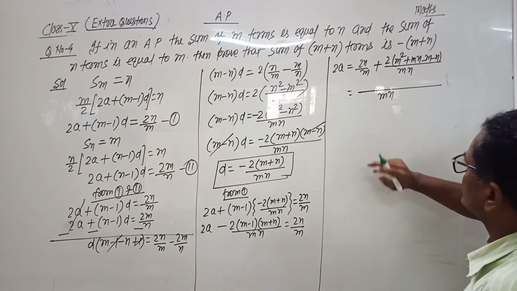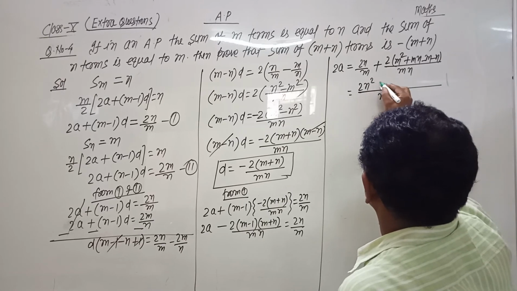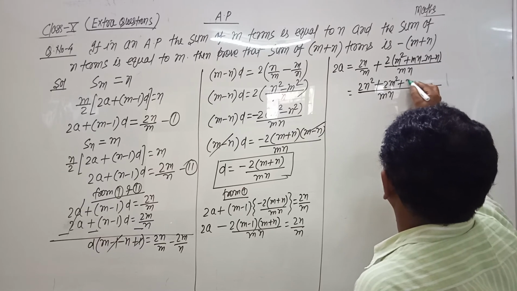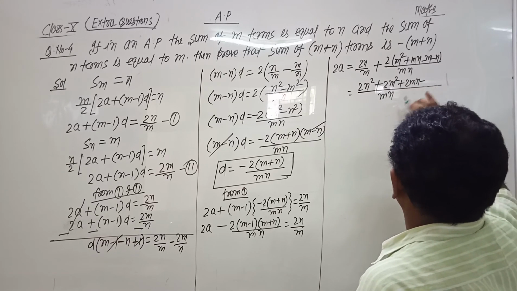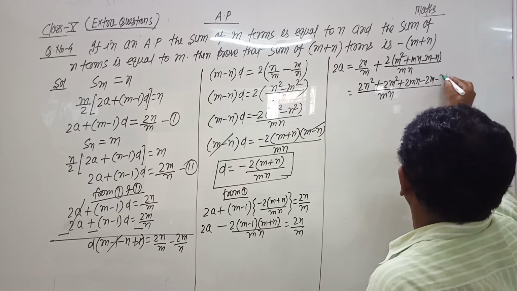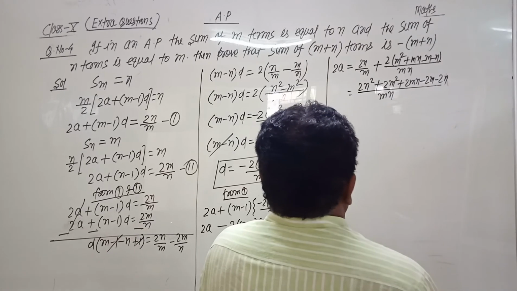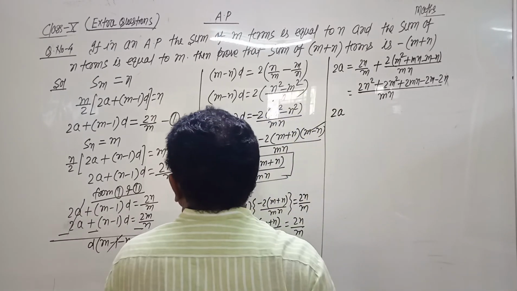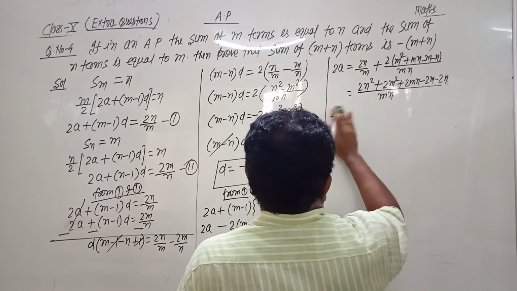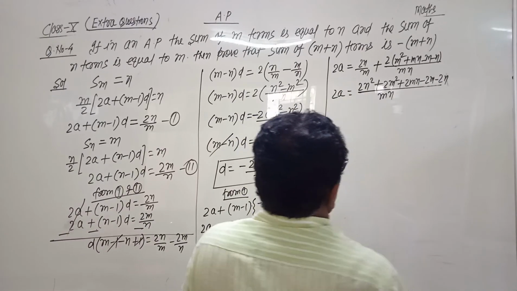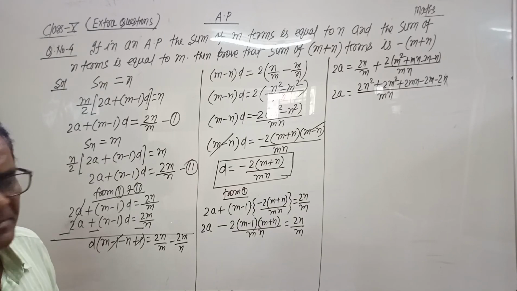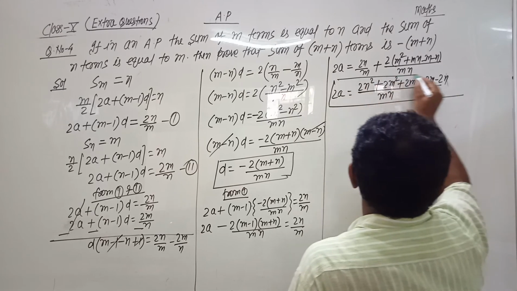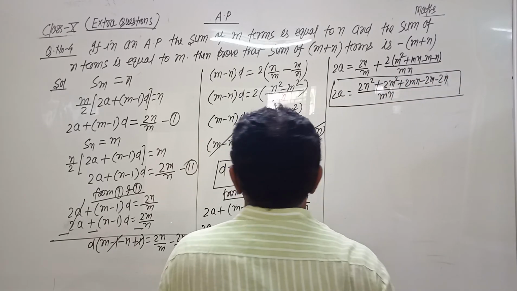So m gets cancelled, and we get 2n square plus 2m square plus 2mn, then minus 2m and minus 2n. So the value of 2a comes to be 2n square plus 2m square plus 2mn minus 2m minus 2n upon mn.